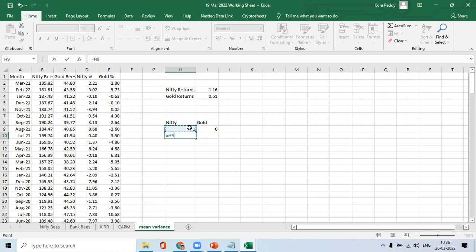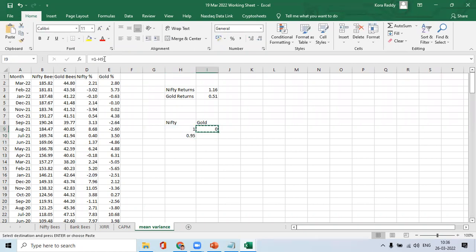Because 1% is too small, I will do it in 5% steps. 5% is 0.05. So I'll put 95 in Nifty. Then how much would I be putting in gold? 100 minus 95, so 5 rupees, right? So that is what. You can do this all the way to 0.